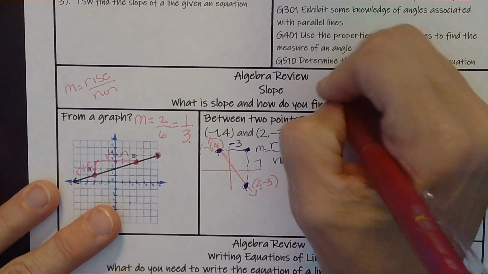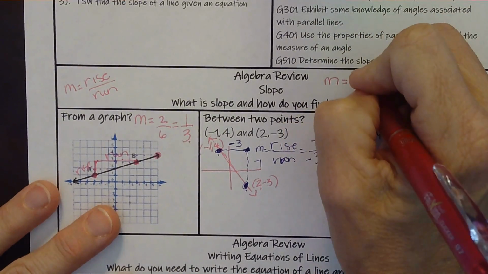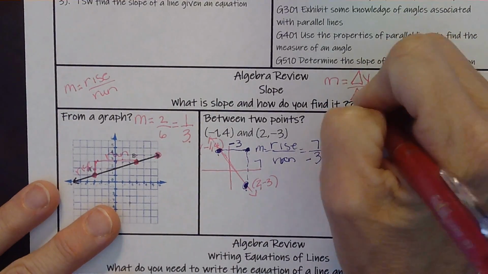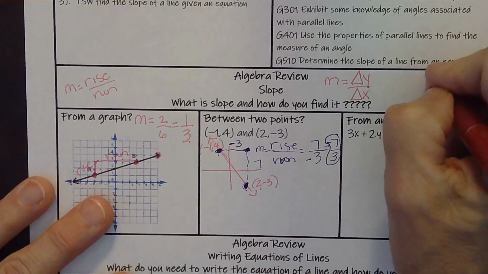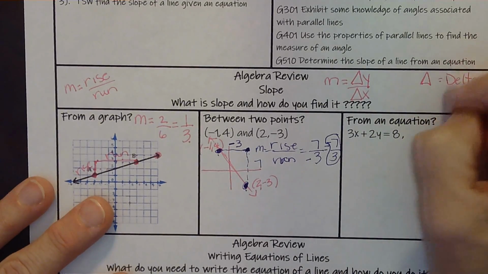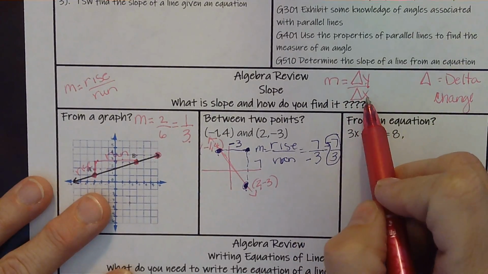We can also find the slope by finding the change in y's and dividing it by the change in x's. Now, this is a Greek letter, and that Greek letter is delta. And delta in math means change. So the change in y's divided by the change in x's.